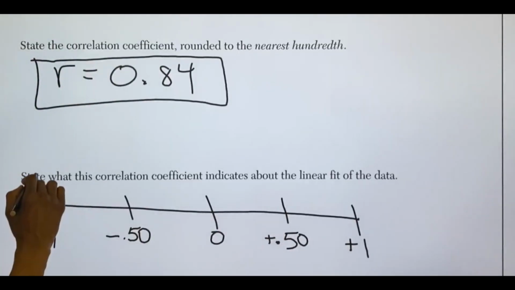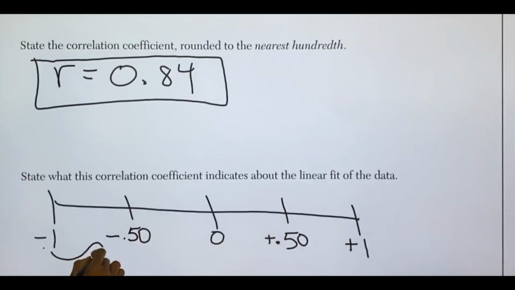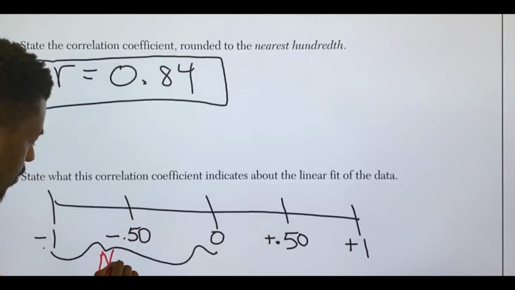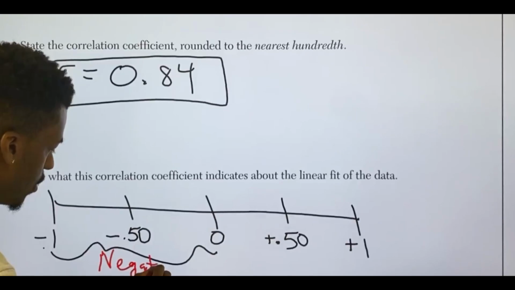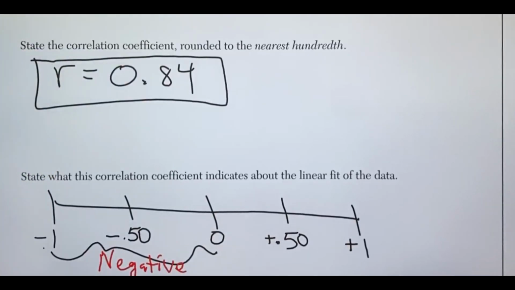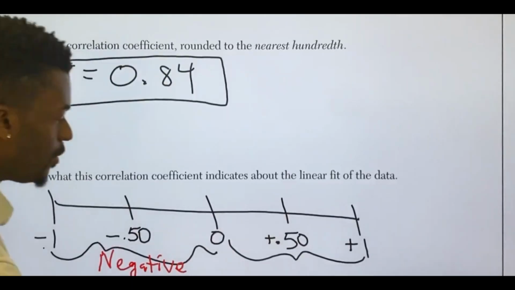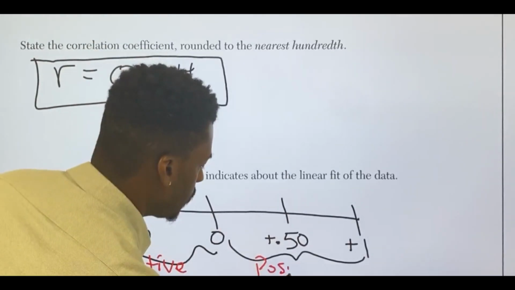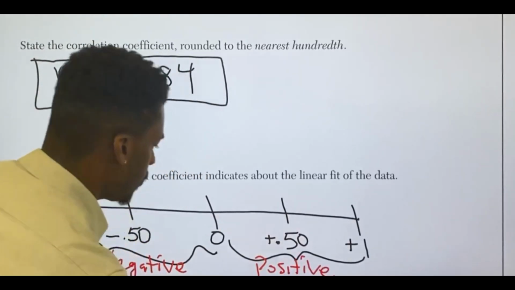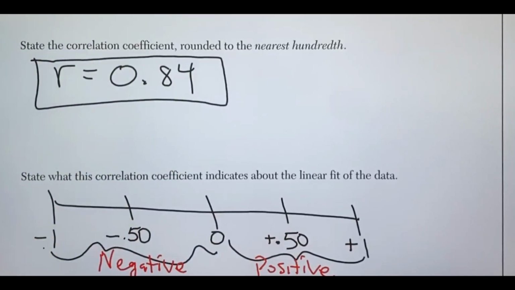This side over here, would you say this side is negative or positive? Negative. What about this side? Positive, correct. Anything on the edges, all right, going towards the outside is considered strong.